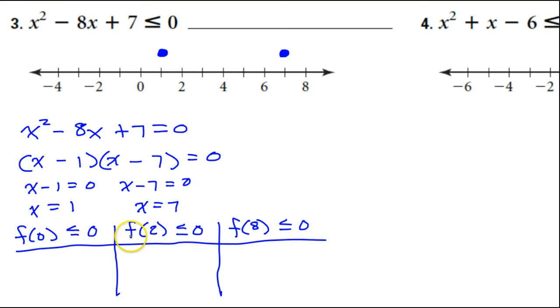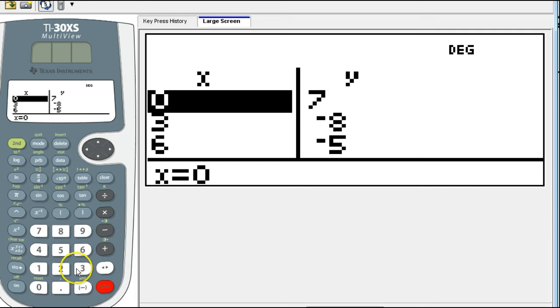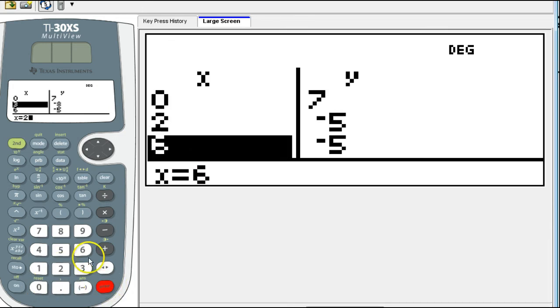This works out great because we want to check the value of the function at these 3 specific points, 0, 2, and 8. And we can just type them in, 0, 2, and 8. You just go straight to them. So I'm seeing 7, -5, and 7.